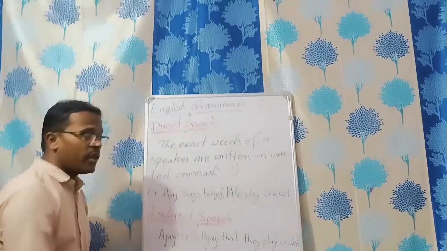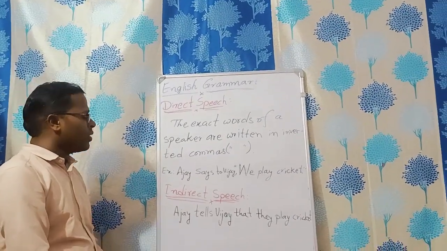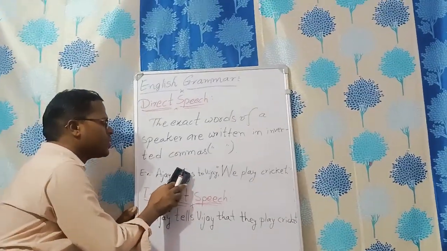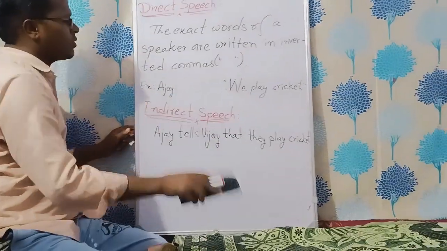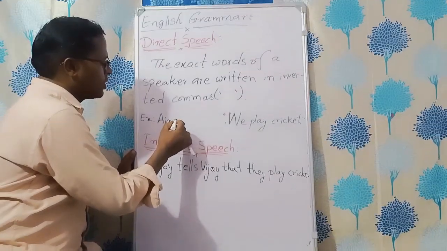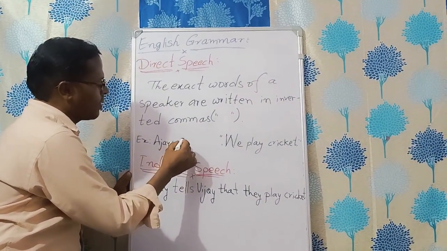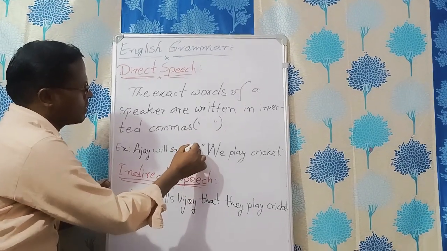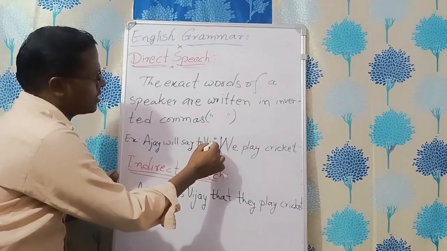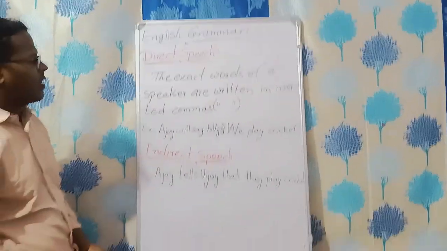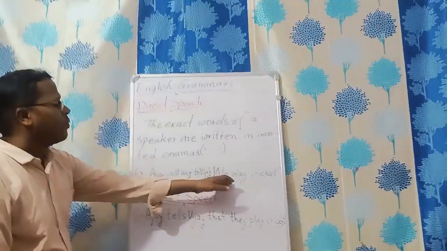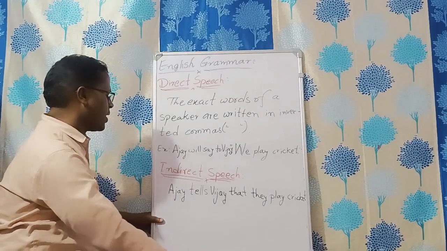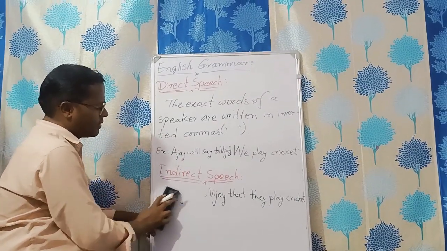And in another case also, I remind you. If the reporting verb is in simple future, see what you have to use. Ajay will say to Vijay, what he will say? We will play cricket. Here also there is no change in the tense.